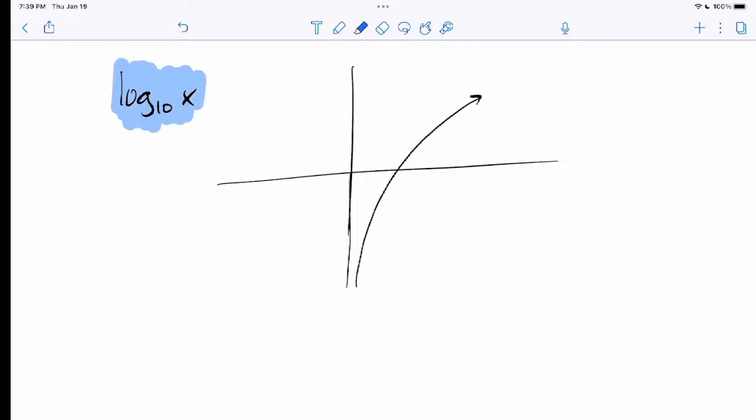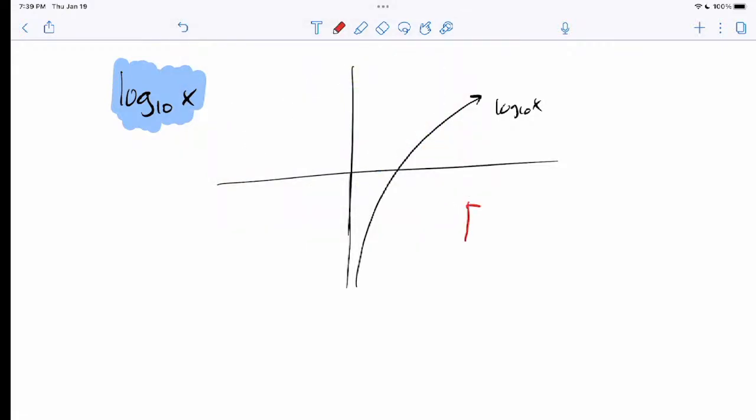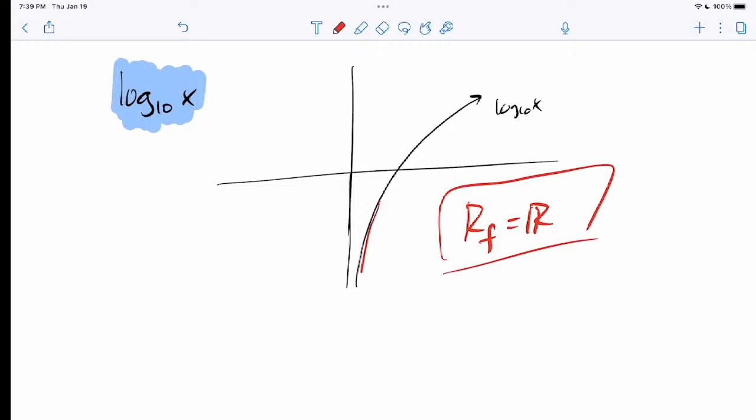So jump in when you don't understand. You just have to type it out, and then I can respond quickly. I'm asking for the range of this. The range is your y values. So the range here is all real numbers. You can see it here. This continues on to negative infinity, and this goes up to positive infinity. So that's log base 10 of x.